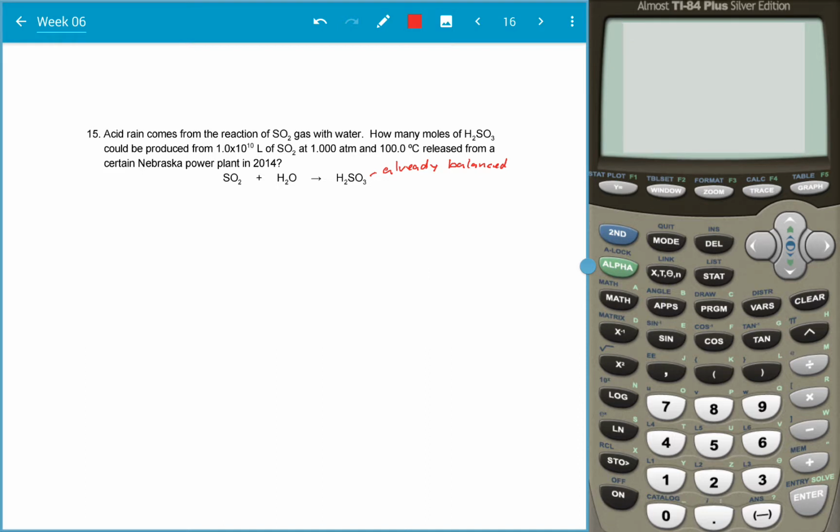Now, looking at the problem, I see one volume, one pressure, and one temperature. Nothing's changing, so I'll need to use the ideal gas law. PV equals nRT. Well, my pressure is the 1.00 atmospheres.